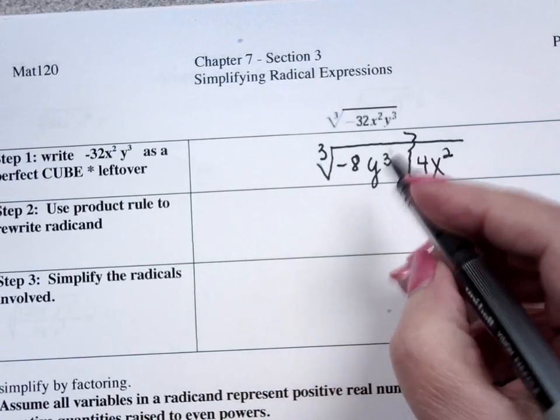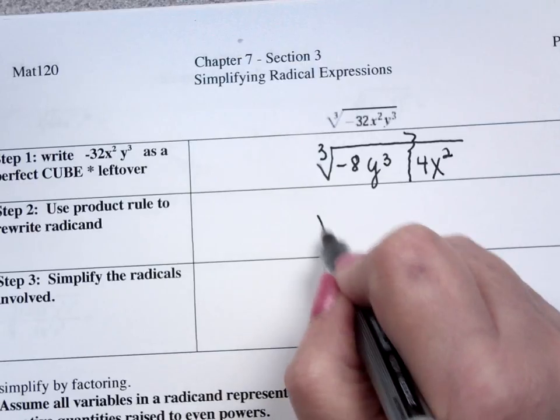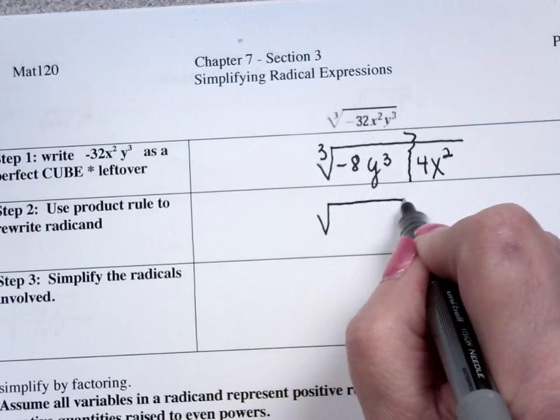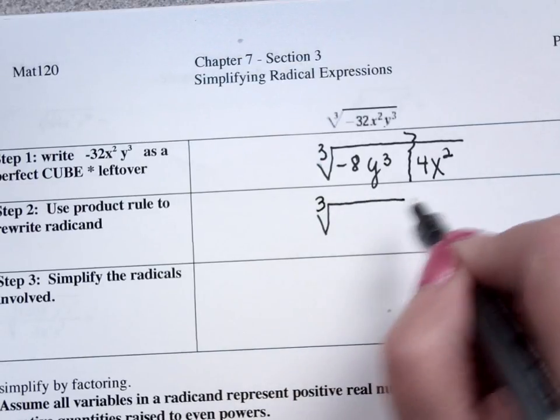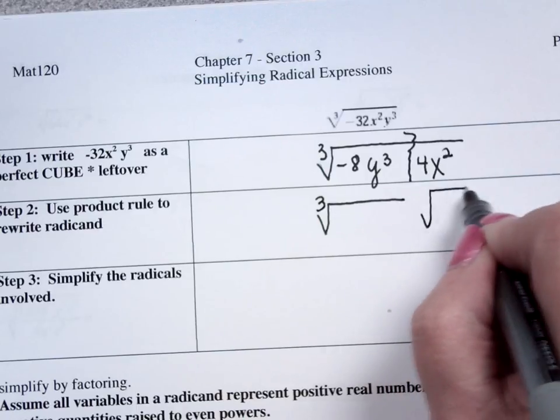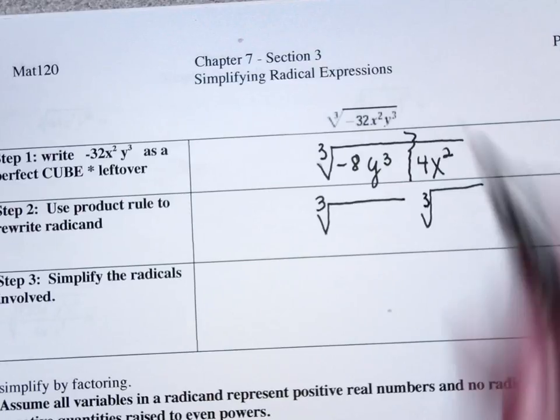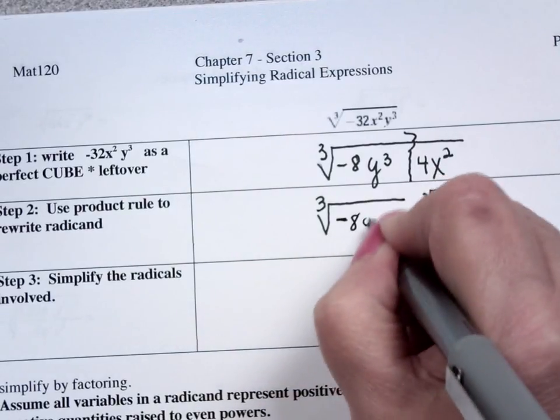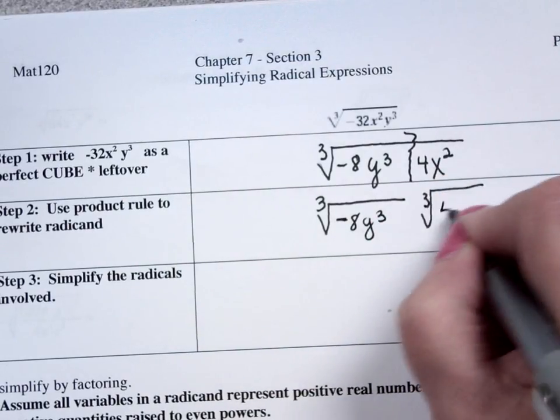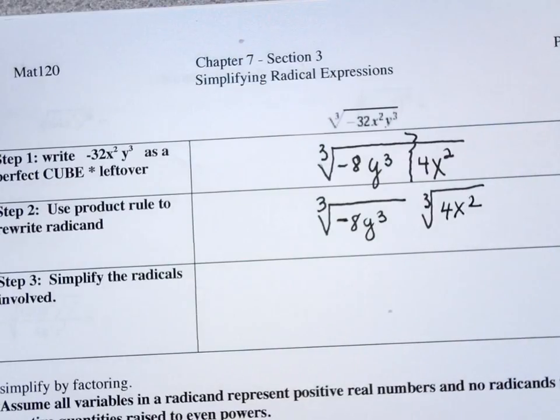Now I use the product rule for radicals. And again, this is a step that some of you will skip, but essentially you end up doing it mentally. Make sure you put your index in. This is negative 8y cubed. This is 4x squared.